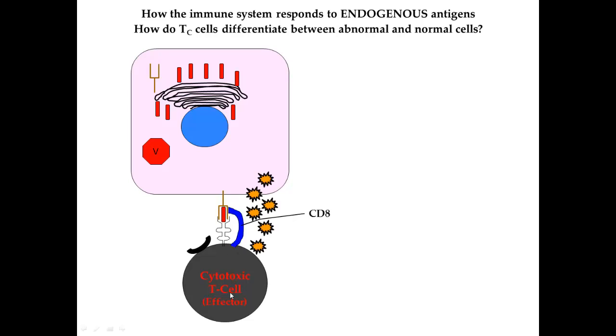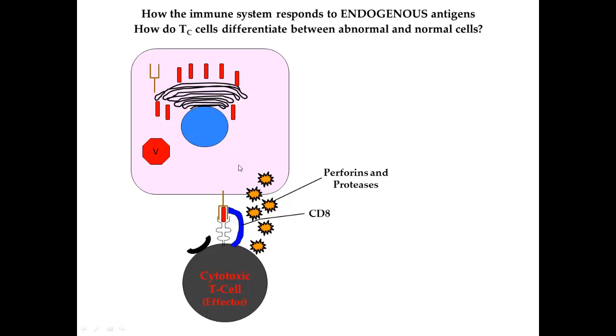This binding causes that cytotoxic effector T cell to release a nasty cocktail of molecules called perforins and proteases. What a perforin does is it perforates the surface of that cell, meaning that it puts little holes in the surface of that cell. And it's through these little holes that proteases are able to gain entry inside that cell. These proteases then induce that cell to undergo apoptosis. So the cell basically dies from the inside.